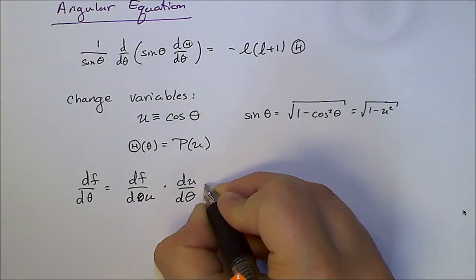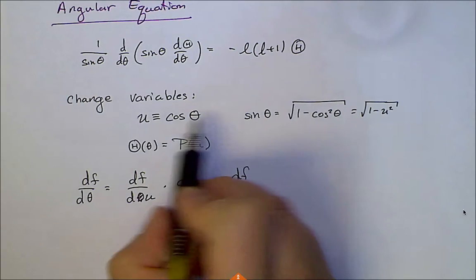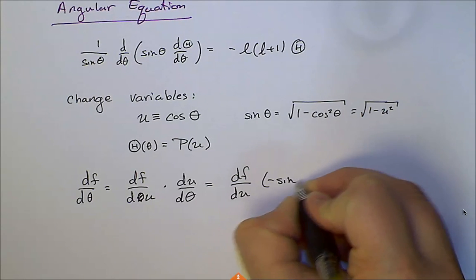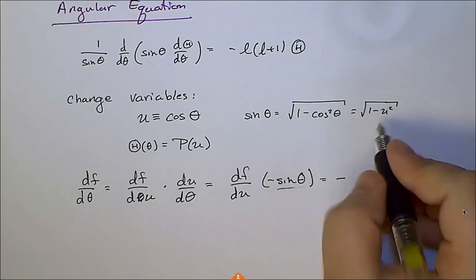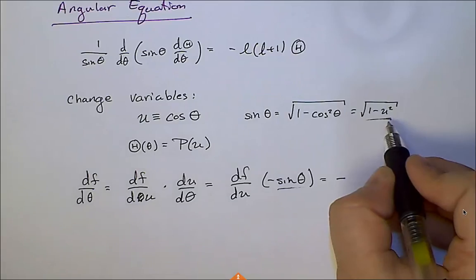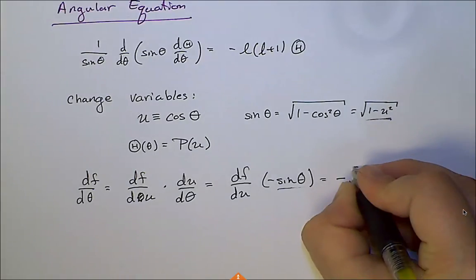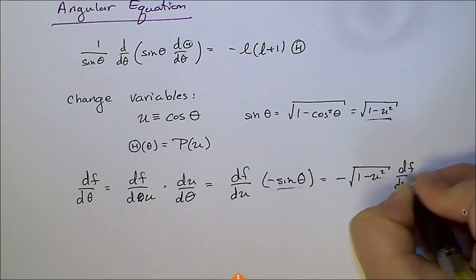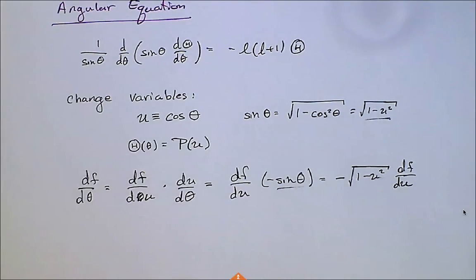Now let's take the derivative of u with respect to theta. That's minus sine theta. We can replace this with our value of the square root of 1 minus u squared, du of whatever you need to take the derivative of, which we decided to call f.